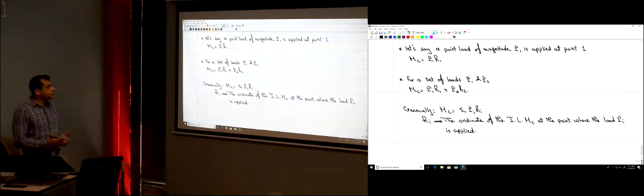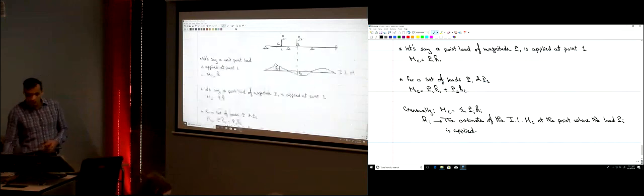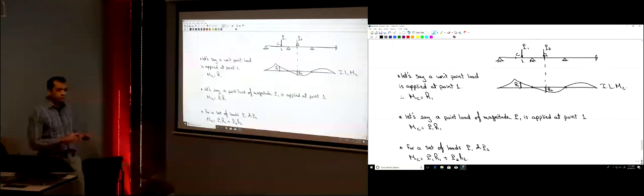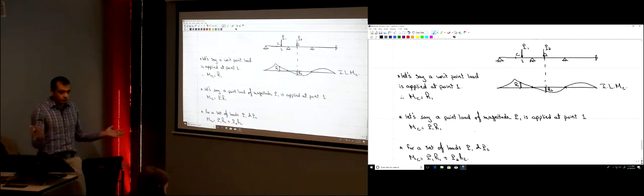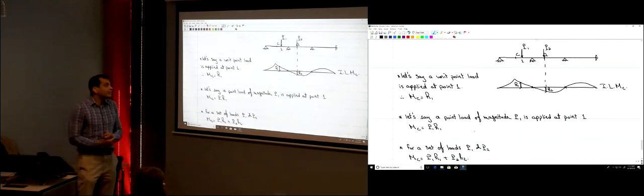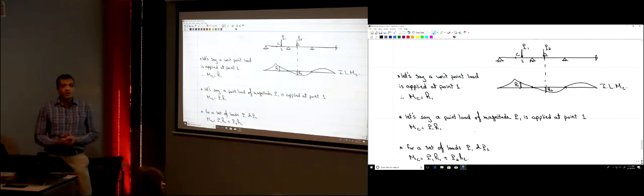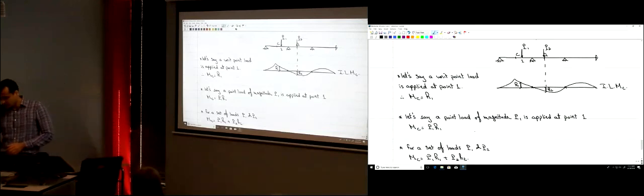So if you have the influence line drawn, you can use that influence line to find that function, for which that influence line is drawn, for any set of loads. But that's when you have a concentrated force. What if you have a uniform load? Can you still use the influence line?